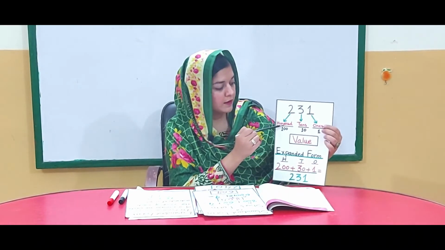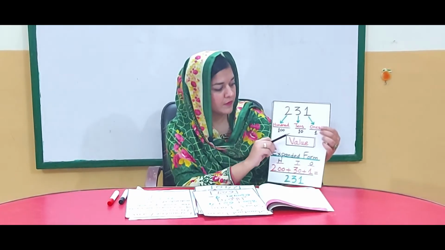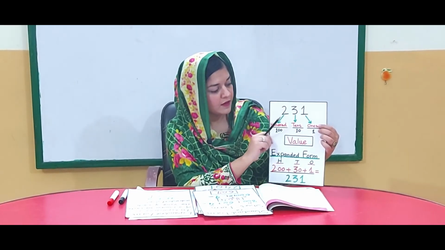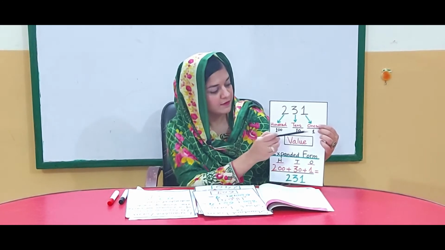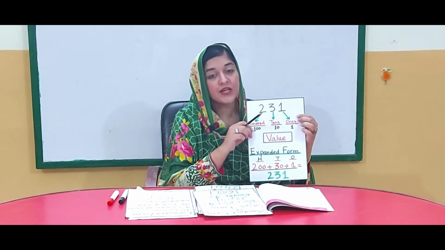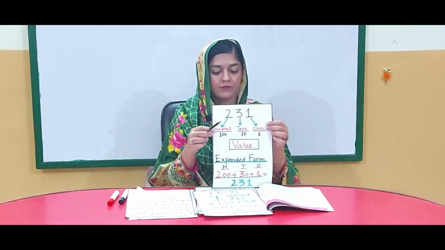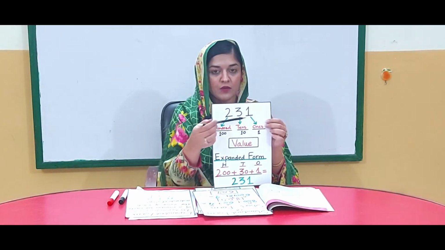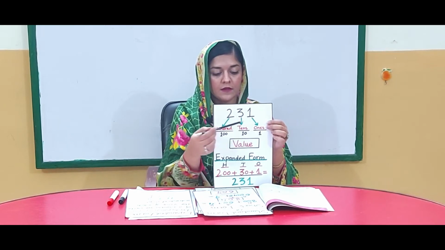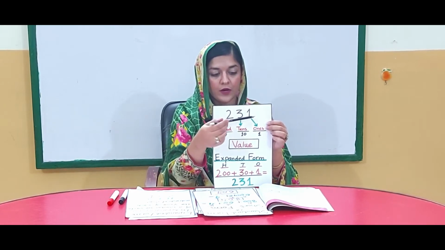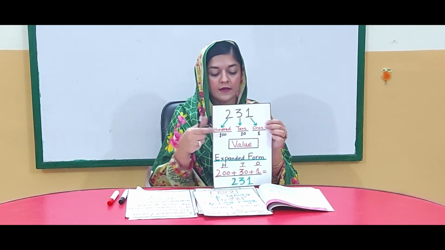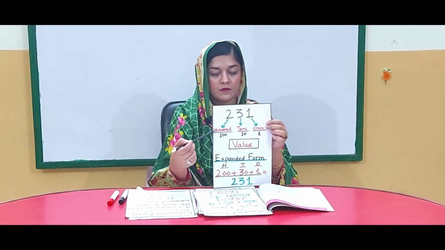So the 2 is standing on the hundreds place, 3 is standing on tens and 1 is standing on the ones place. So it is showing the value of each individual digit: hundreds, tens, ones. The number 231 is given to us, and these are the individual values which we have written.